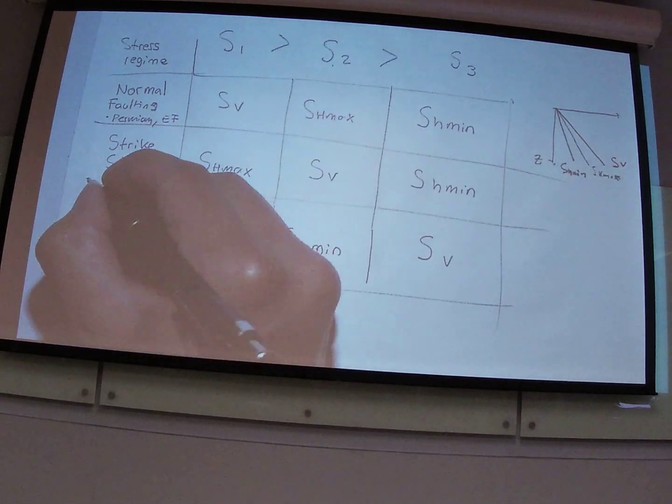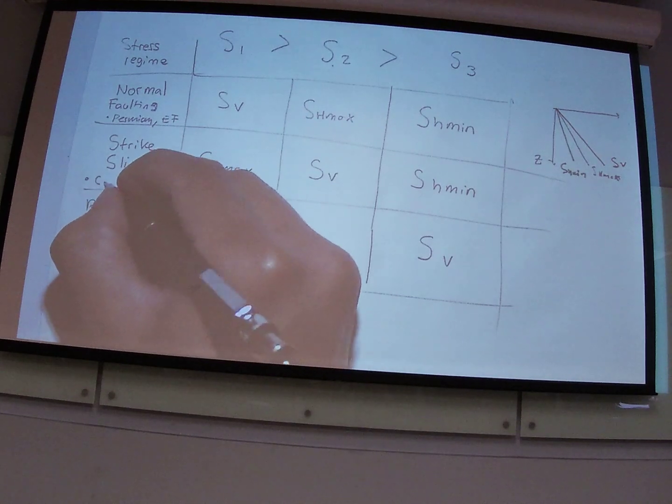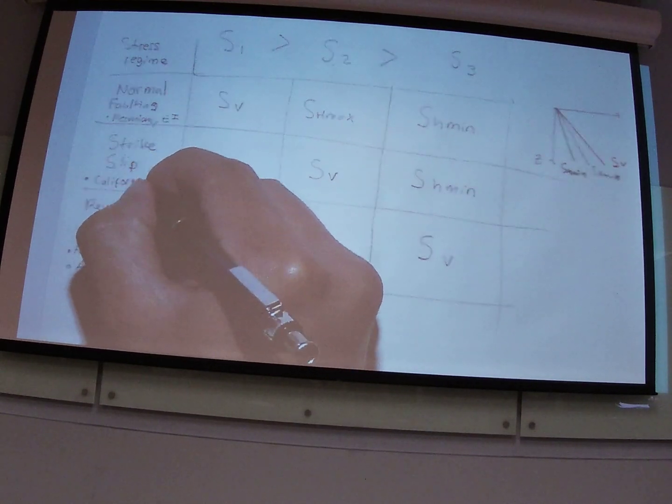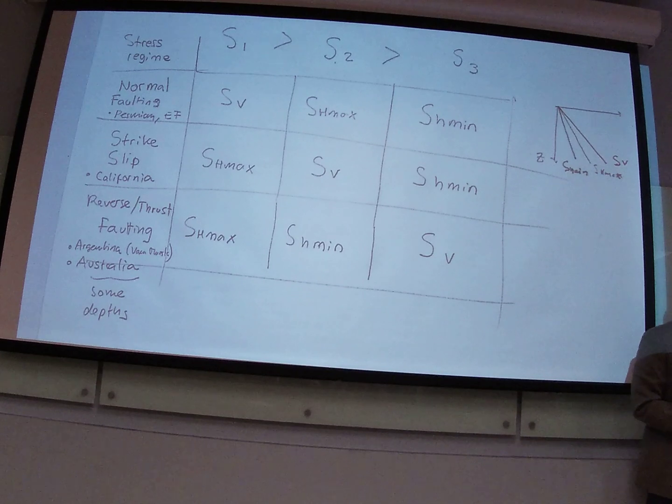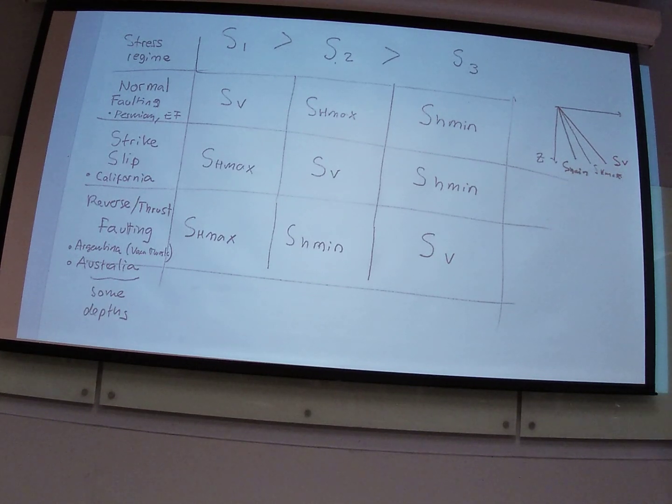An example of strike slip are some reservoirs in California. You see in California with all the sierras and all of that, the state of stress is quite messed up. So there you can see horizontal stresses which are larger than the vertical stress.